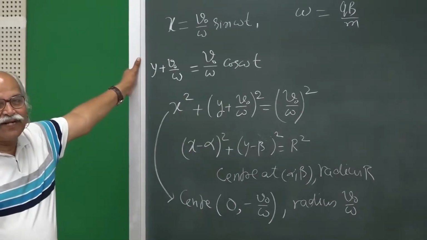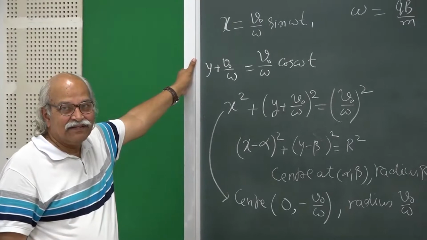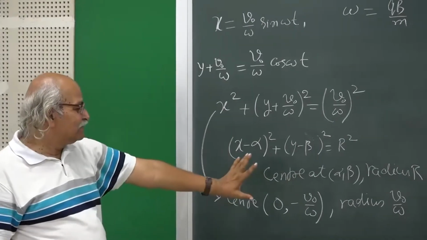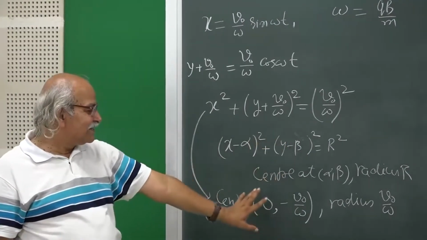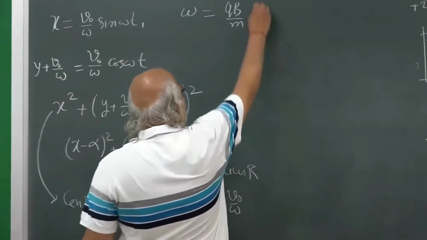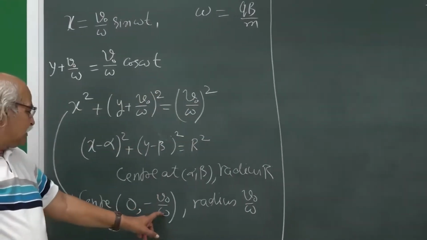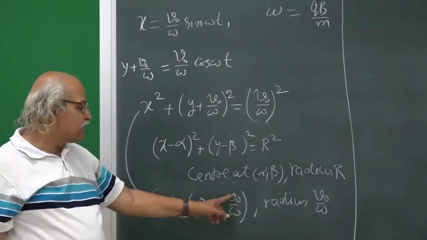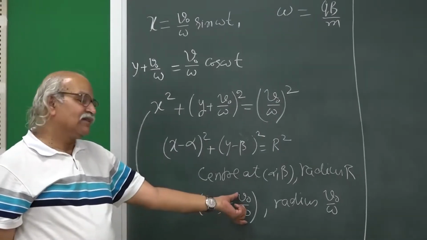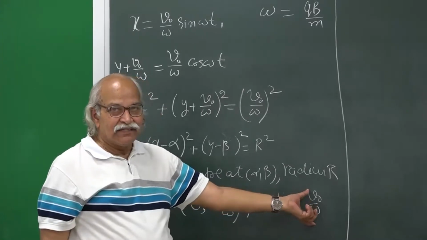First let us look at the dimensions. If we have not made any mistake, then the dimension should be consistent. Let us see that. V naught by omega, this is the x coordinate, this is the y coordinate, so this should be length, and here also the radius is v naught by omega, so this should be length.